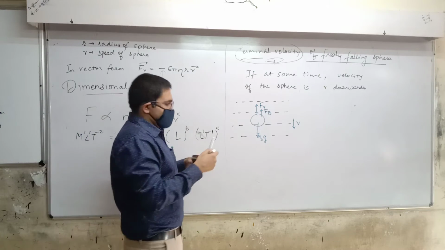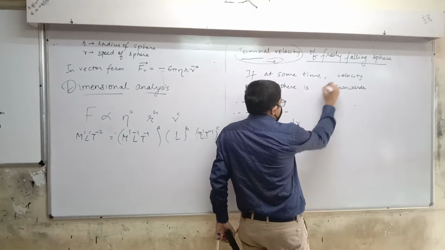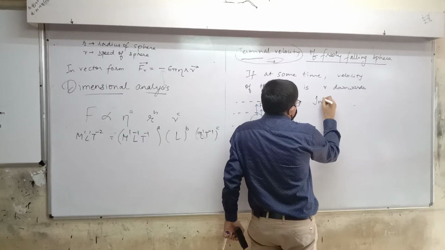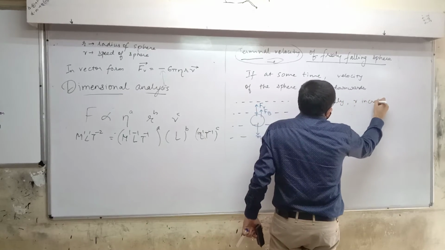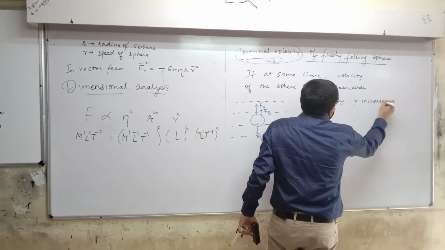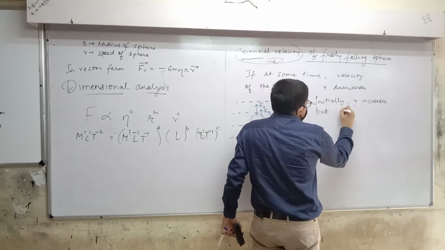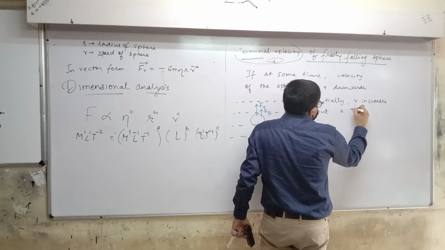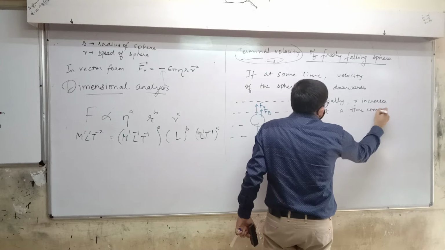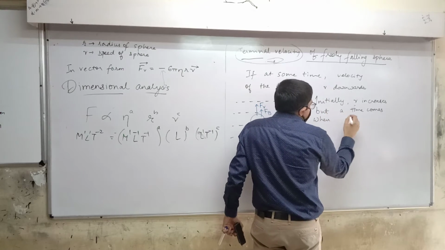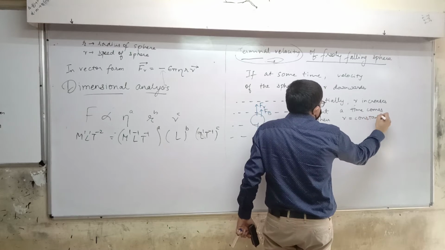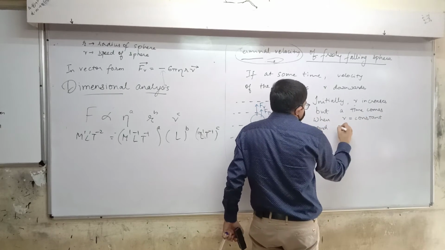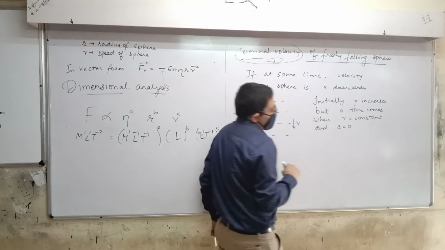Right? So we can say that initially v increases, but a time comes when velocity becomes constant, that is v is constant, and acceleration will be 0.